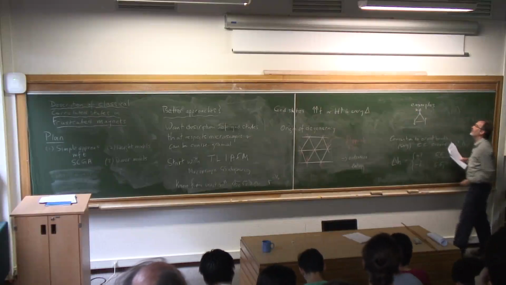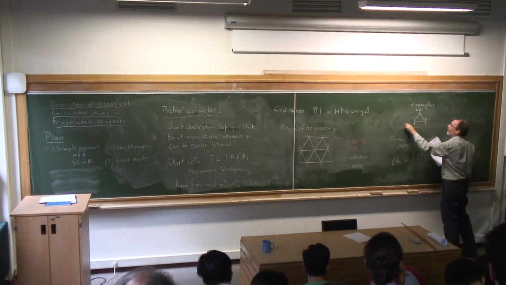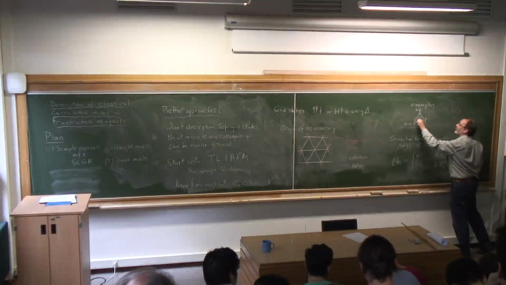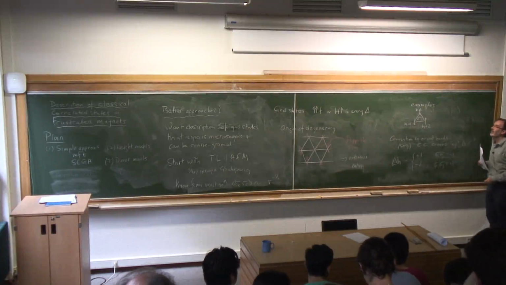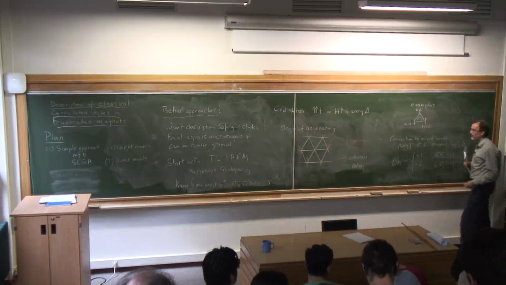So if I take this site to be at height h, then I'll go up 1 step, going around like that, and another step going around to the 3rd site, and then I go down 2 steps when I cross this frustrated bond.